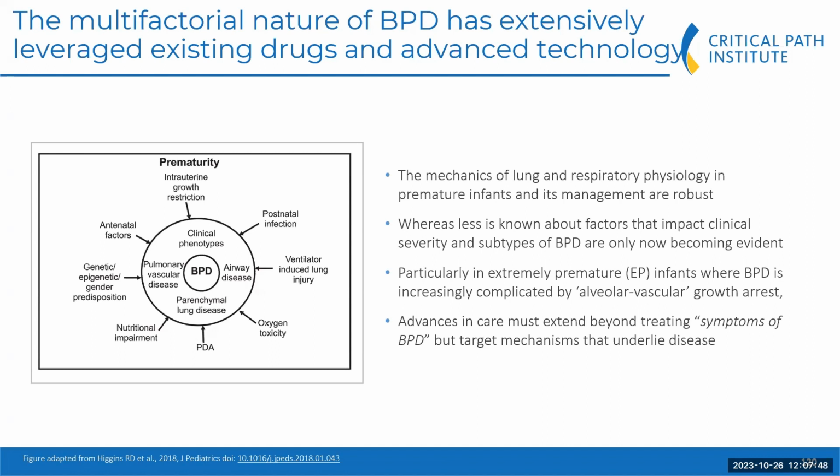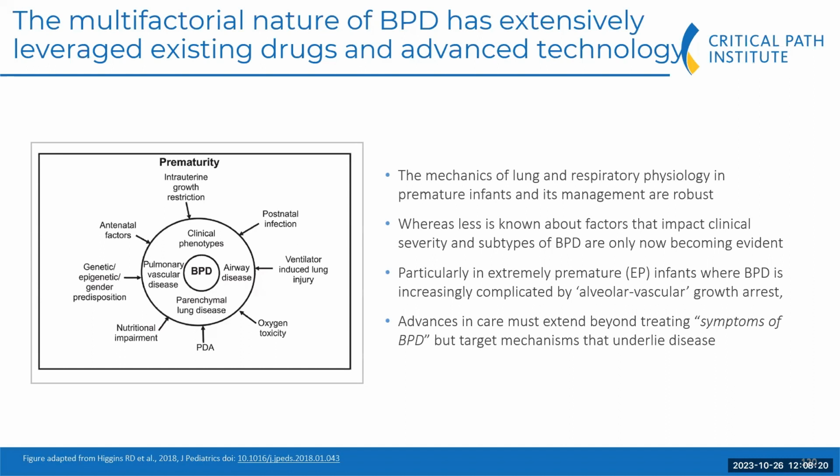And so we understand very well the mechanics of lung physiology and the challenges that brings to infants with bronchopulmonary dysplasia. But there's a lot less known about the subtypes of the disease. So those infants, particularly those that are born extremely premature, are going to have different outcomes than infants that are born within the extremely premature population, but of the higher gestational age subgroup.